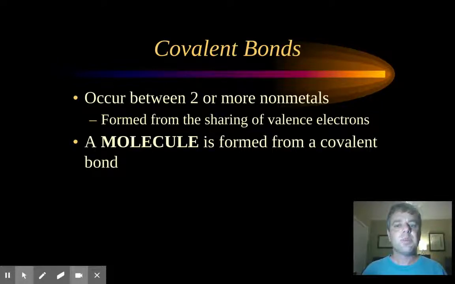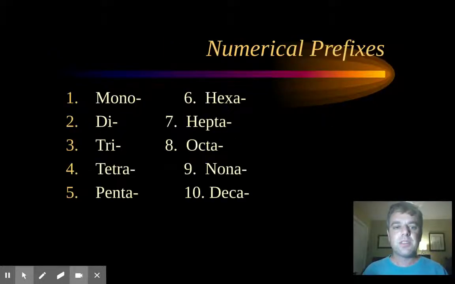And when you form a covalent bond and a covalent compound, we call that thing a molecule. Although the term molecule is used a lot of times to represent just any chemical compound, it really is specifically reserved for covalent compounds.